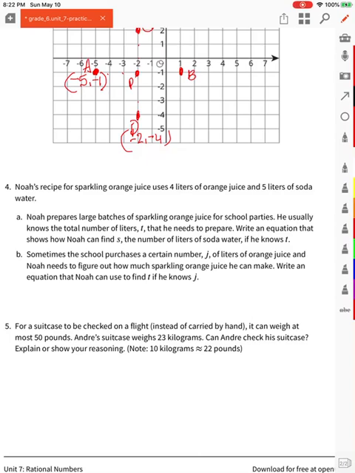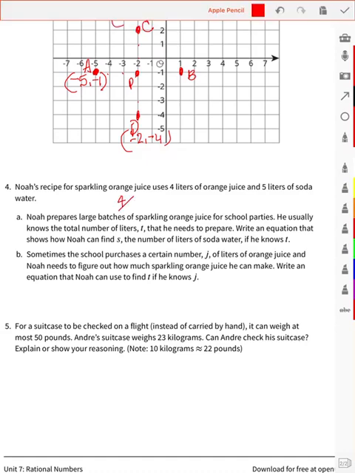Okay, so if liters is T, Noah's recipe is 4 to 5. So let's write that down. 4 to 5.